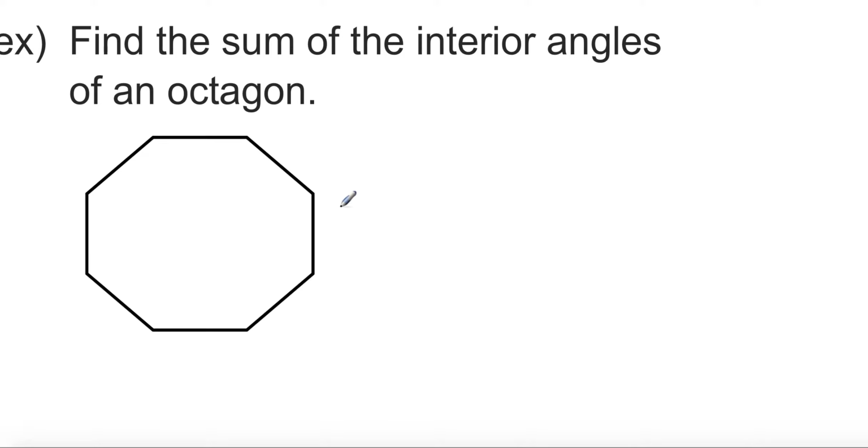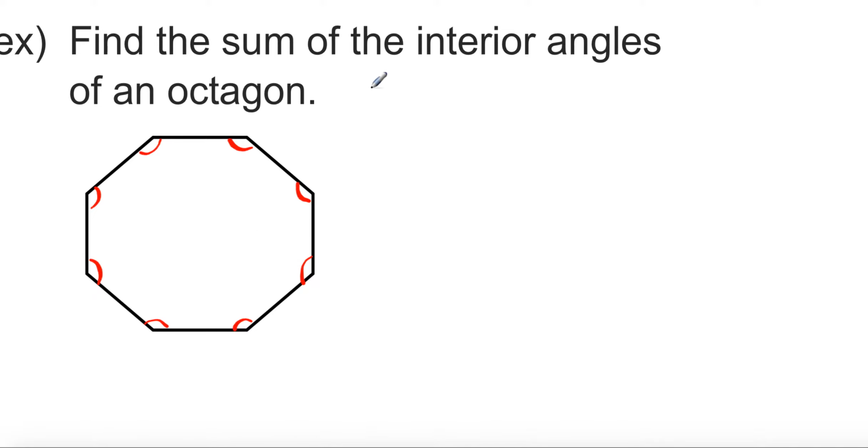Let's assume that this is a regular octagon. If it's a regular octagon, then each one of these angles is exactly the same measure. If it's not regular, we can still use the (n minus 2) times 180 formula, we just can't figure out what each one of these angles would measure.